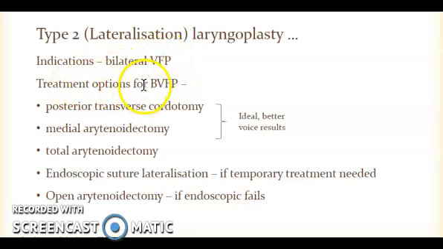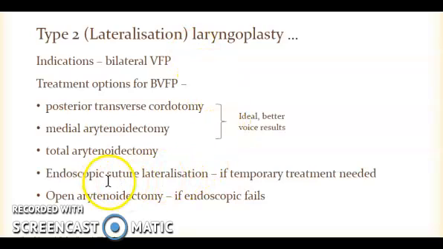Treatment options for bilateral vocal fold paralysis are posterior transverse cordotomy, which means the vocal cord on the posterior aspect is cut, and medial arytenoidectomy, which means the medial aspect of the arytenoid is removed, or it can be totally removed. Ultimately what happens? The vocal cord is shifted laterally. So that is called lateralization of the vocal fold, also called type 2 laryngoplasty.